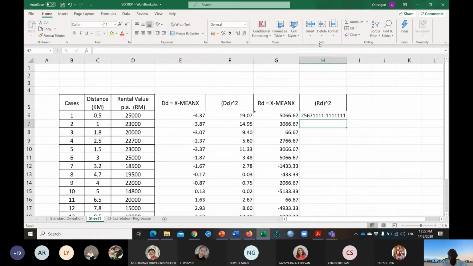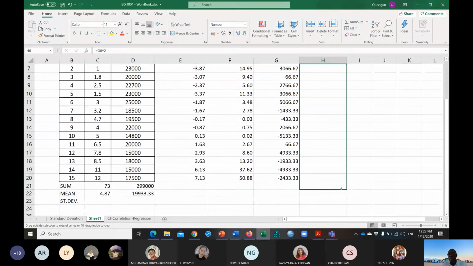So, 2 decimal places. Okay, I copy as well.